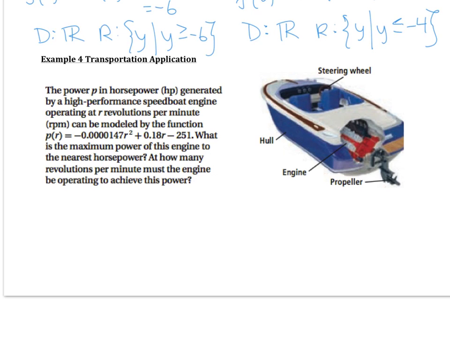So we need to find the opposite of b over 2a. And when you solve that, you get 6,122. And that answers the first question.